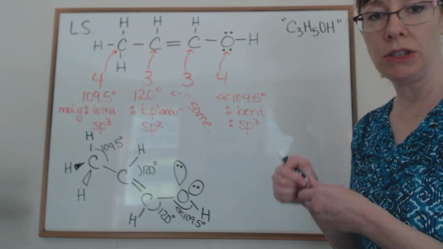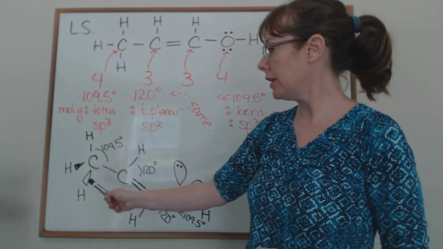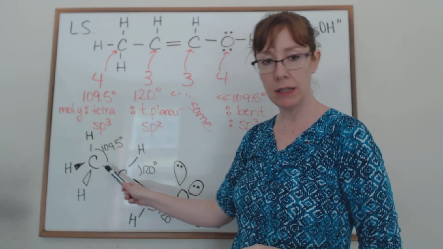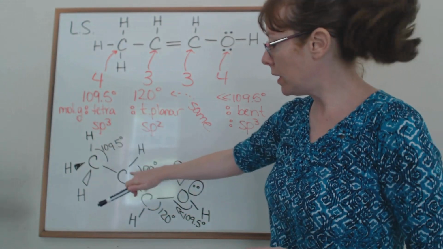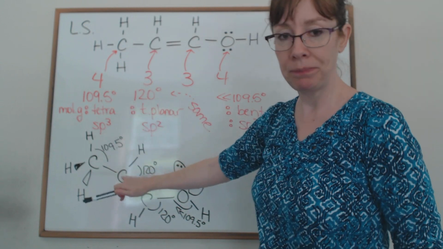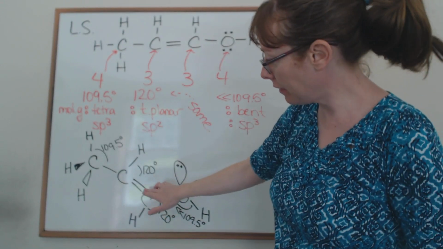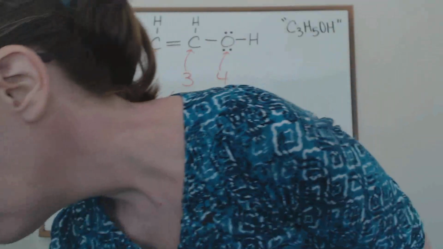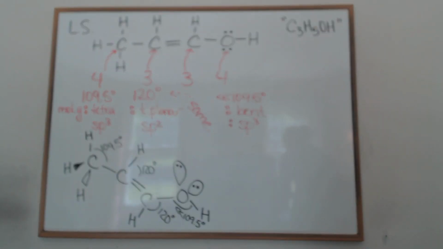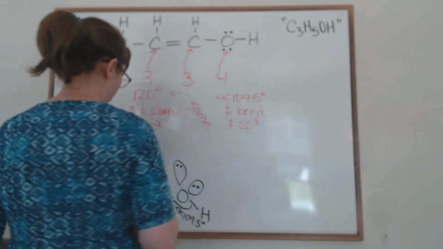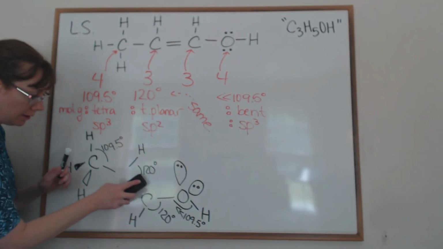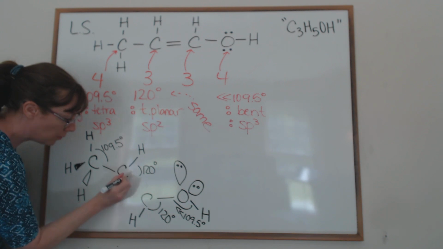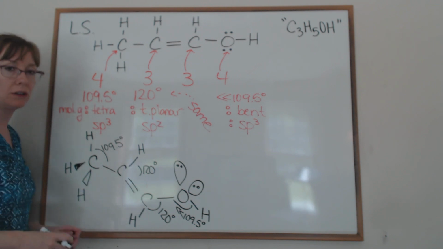Okay, if you were watching me do that, I did pretty good with the artistry at the beginning. So I did a tetrahedron, and then when I was working on the second carbon, this is not really that good at all. Where's my eraser? This really should be, I'm going to make it a little bit more 120-degree angle.